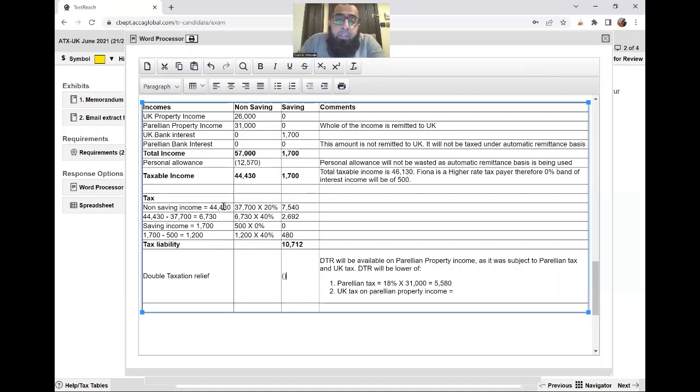Like if I look at this non-saving income of 44,430, this includes 26,000 and this 31,000. So I will place this 31,000 at the last portion so that it gets the 40% band also.